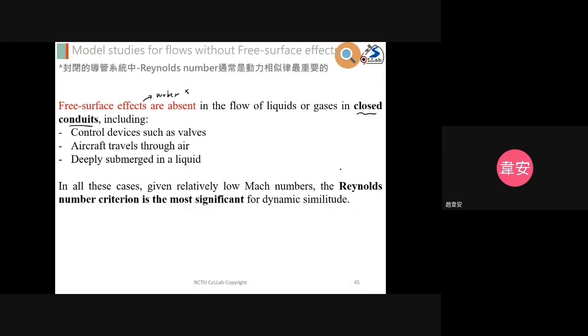So for closed conduit flow, usually the Reynolds number criterion is the most significant for dynamic similitude. So please keep in mind if your problem always focuses on closed conduit flow, then you only need to consider equal Reynolds numbers to satisfy the dynamic similitude.